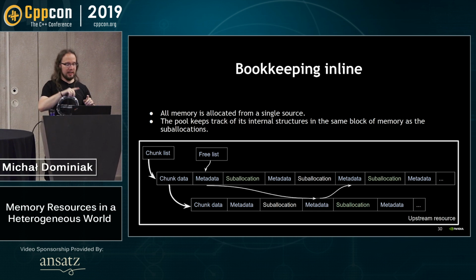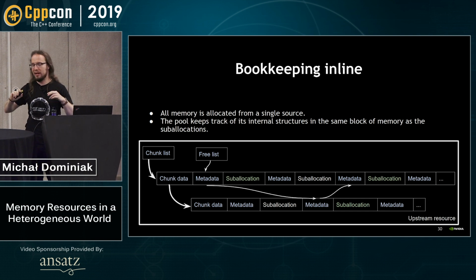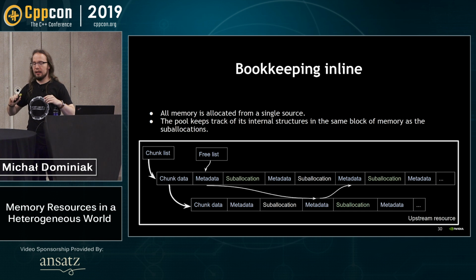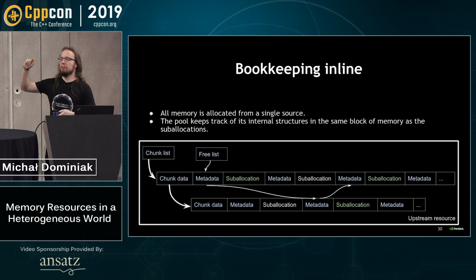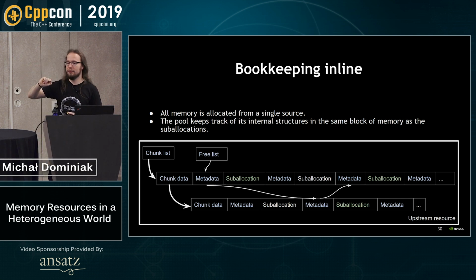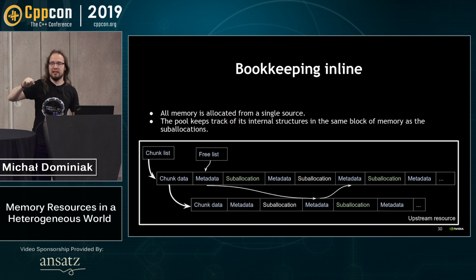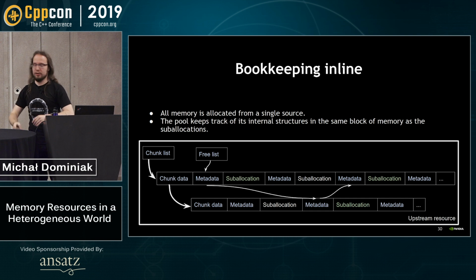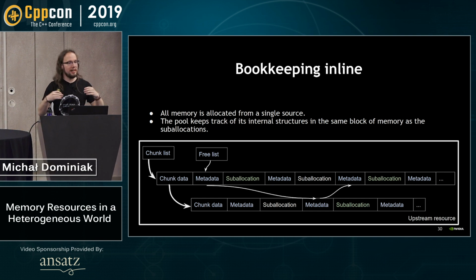What I did was actually keep them at the back to help with alignment, but it doesn't really matter that much. So they are going to be interleaved, and the pointers that constitute the linked list of free memory are going to be inside this metadata, somewhere between the individual suballocations that you give to users. Make sense?